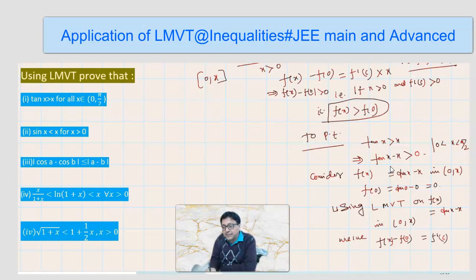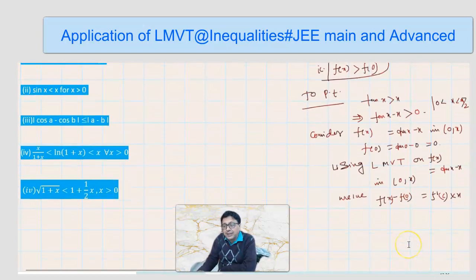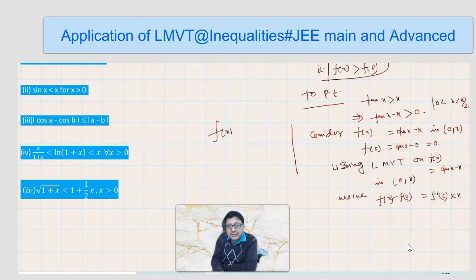This equation I told you, we can use it wherever required. As f(x) and f(0) are well defined, I am taking the help of this. c is a point between 0 and x. Let us see what happens there. What is f dash c? You have taken f(x) as tan x minus x, so f dash x is sec square x minus 1.